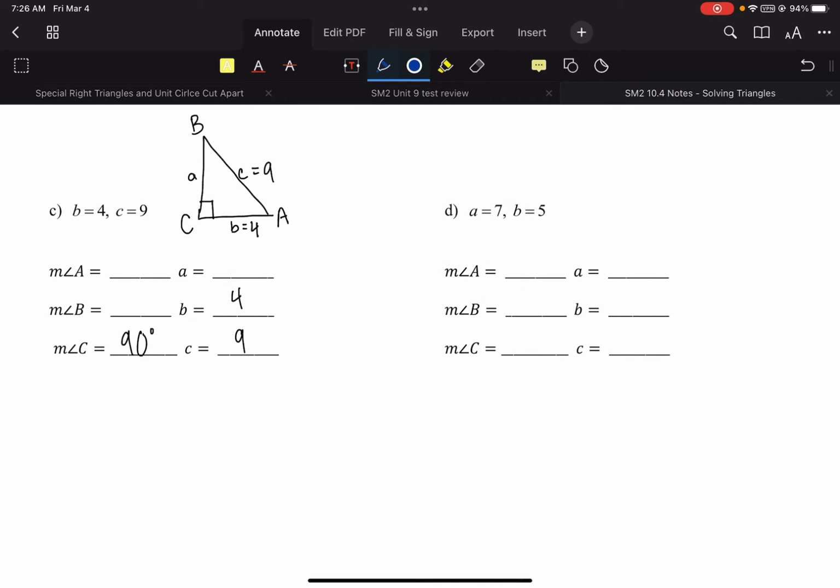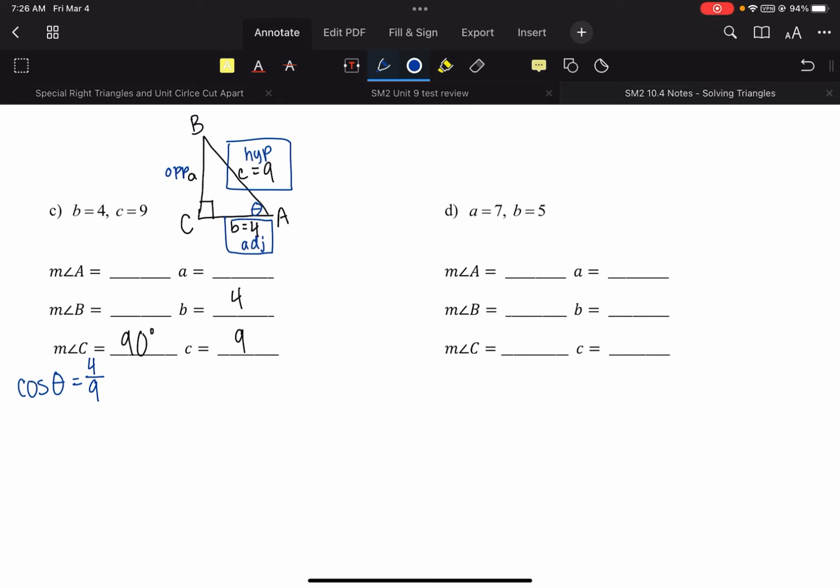I'll start with angle A. So I'm going to put my theta here in angle A. I'm going to label my sides opposite, adjacent, hypotenuse. And since I know the hypotenuse and I know the adjacent, I will use those. So the cosine of theta is equal to the adjacent over the hypotenuse.